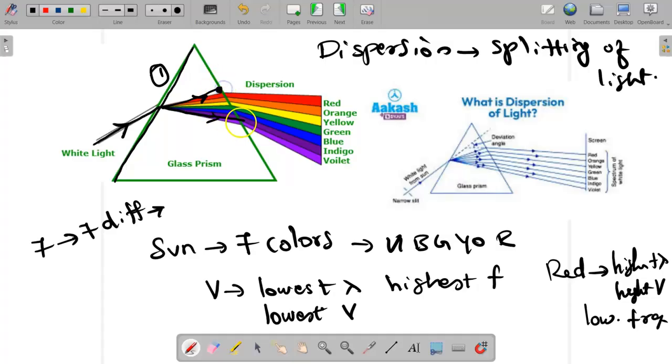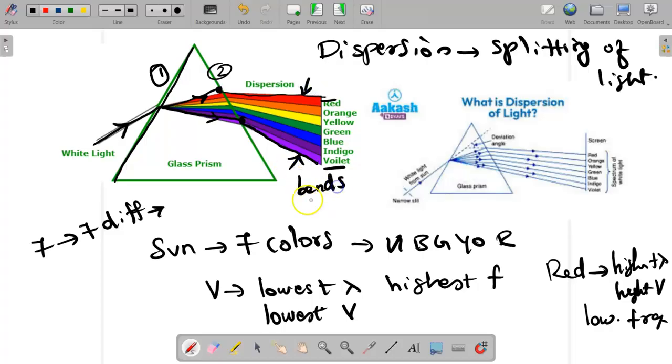Again, they are going to refract. As they refract at the second surface, they spread out wider, and you can see a bigger region of 7 colors. It starts from the violet to the red, with the red on the top and violet at the bottom, because the violet bends more.